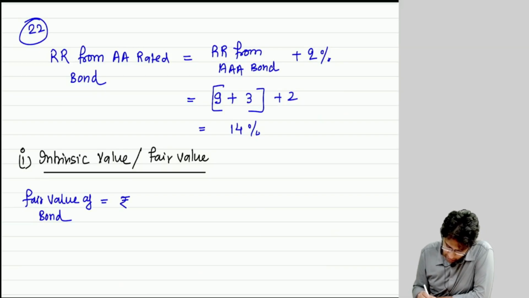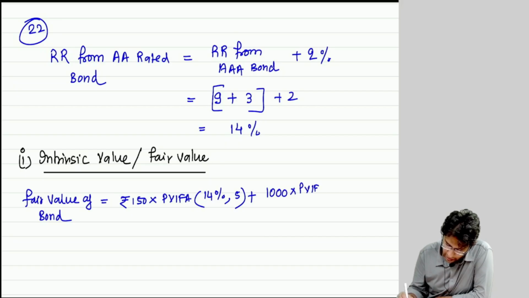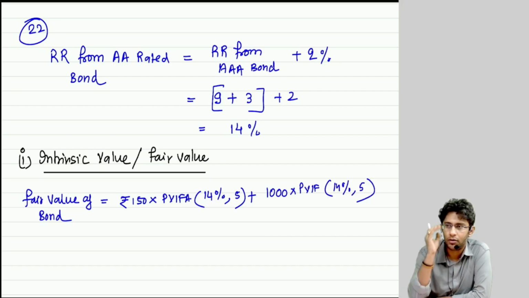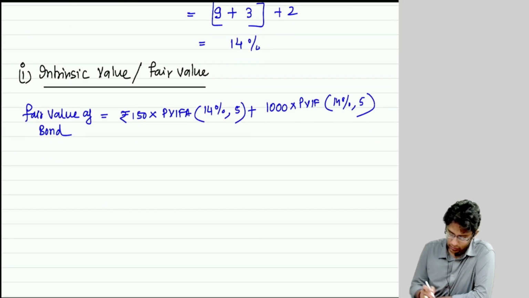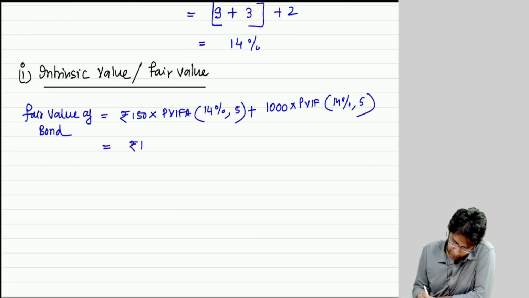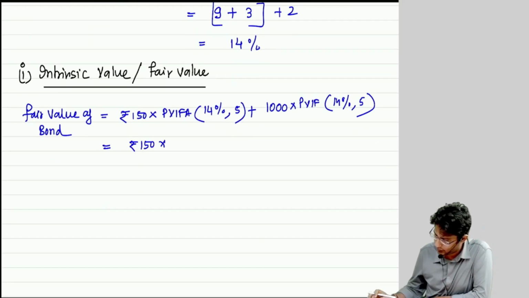How much is that? 150 into PVIFA, 14%, 5 years, plus redeemable at par, 1000 into PVIF, 14%, 5th year.